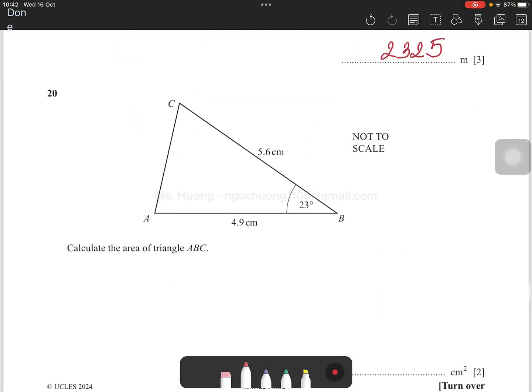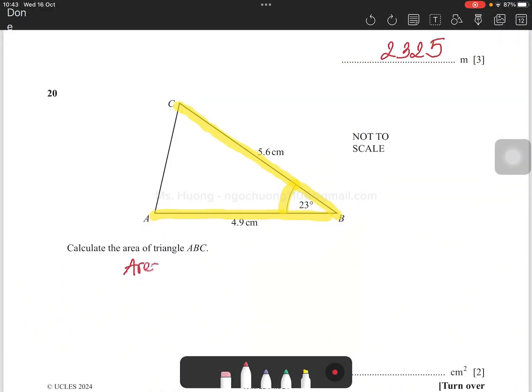Question 20. Find the area of the triangle ABC. In this triangle, we know the length of the two sides and the angle in the middle of them. So we can use the formula.